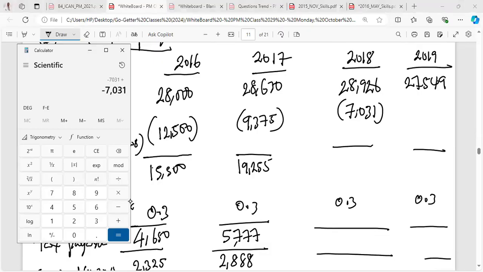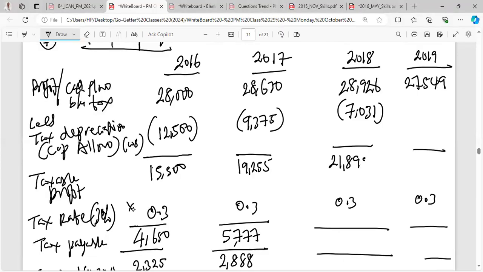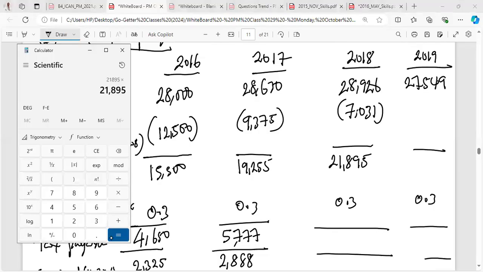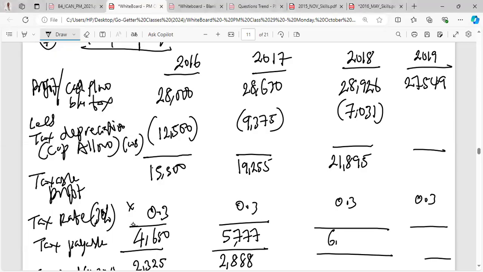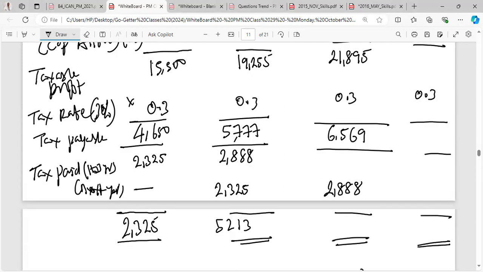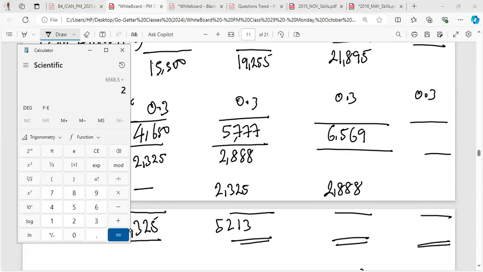We now less it from 28,926. That gives me 21,895. I'm going to be multiplying it by 0.3. I have 6,569. Then I'm going to be dividing this by 2. I have 3,284.